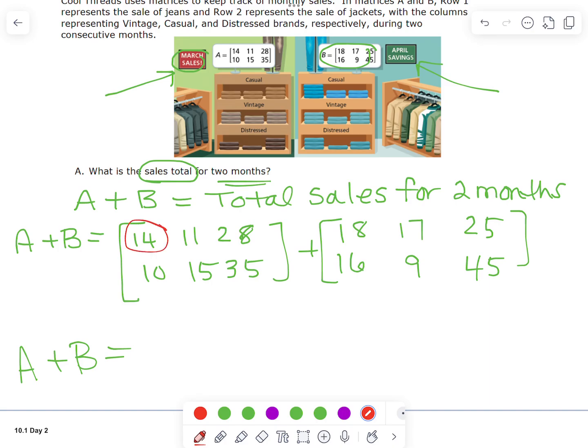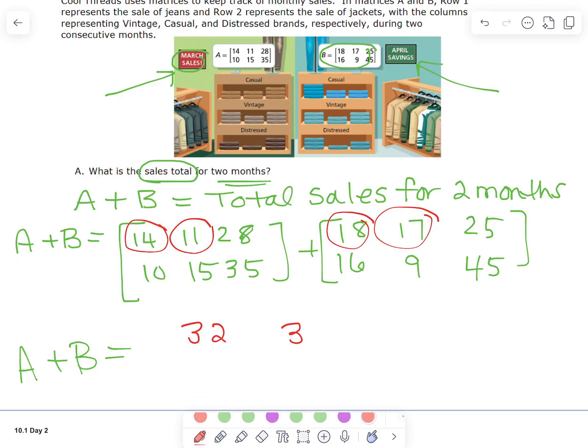So 14 and 18, we add those together, giving us 32. Then 11 and 17, giving us 33. Actually, there should be 28 here.